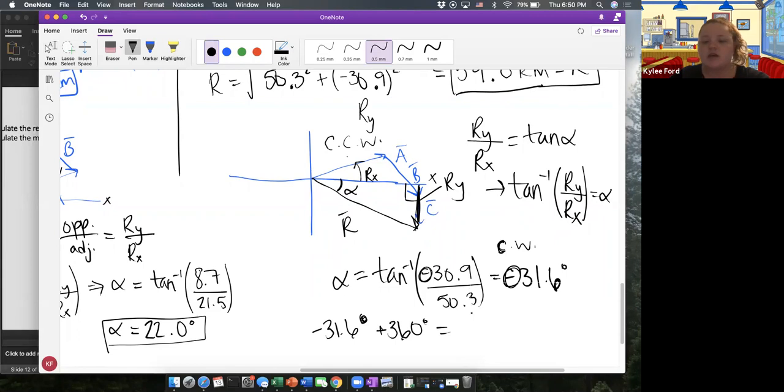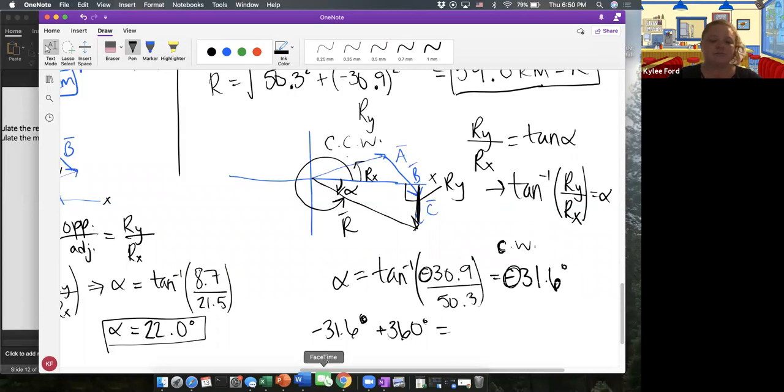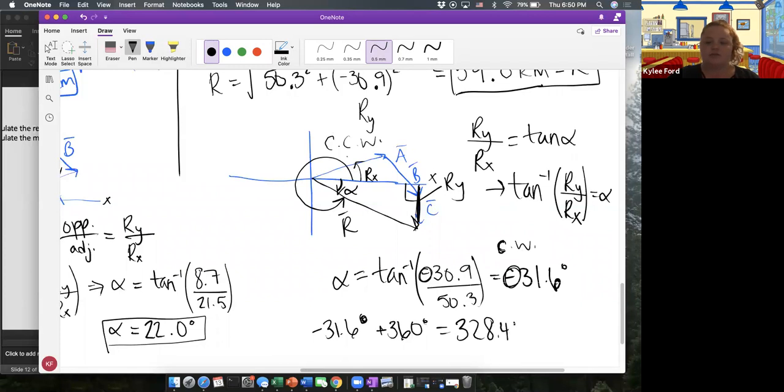That'll tell me this big giant angle here, but they represent the exact same thing. So you don't have to do this. You can keep it there if that makes sense to you, that's totally fine. It works for me too. But if I add 360 to this, I would get 328.4 degrees. So whichever way you'd prefer, it doesn't matter.